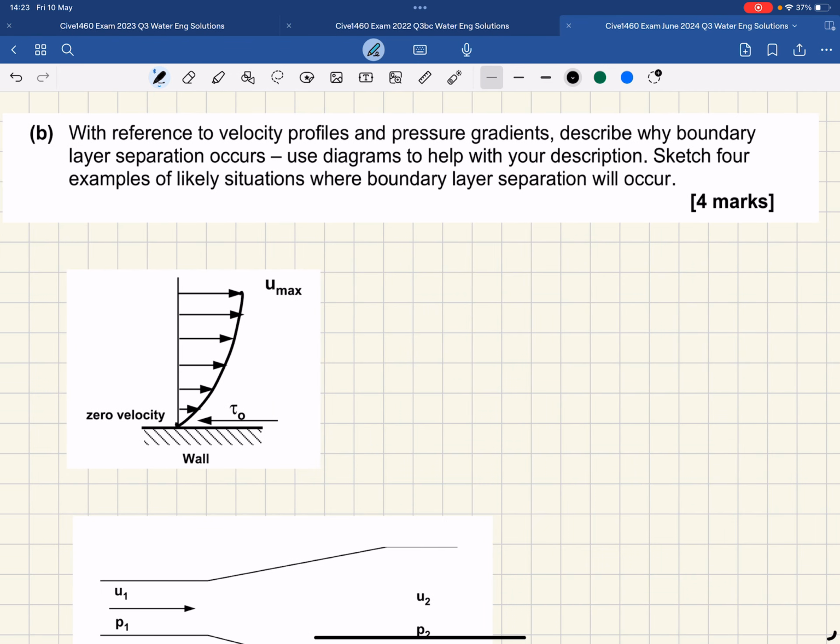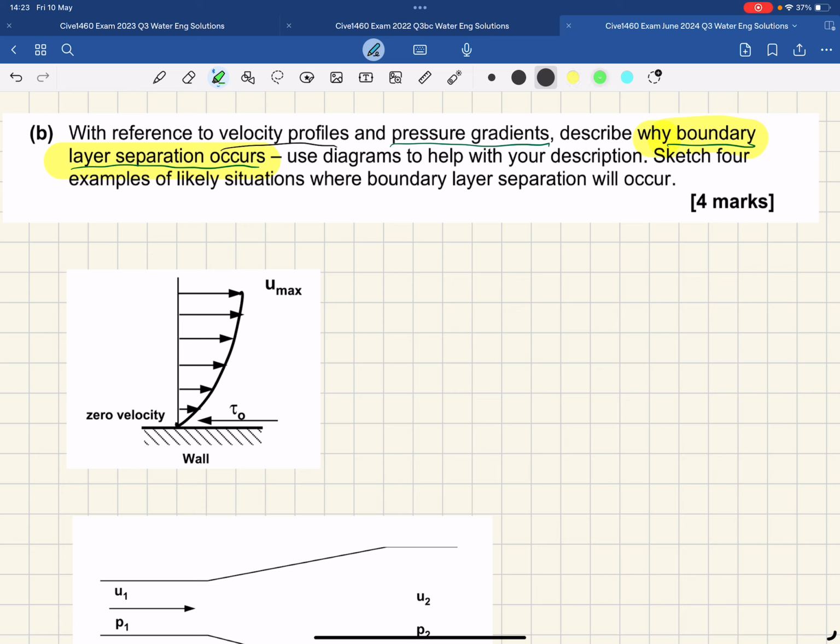Okay. Question B. There's a part B of this question. With reference to velocity profiles and pressure gradients, describe why boundary layer separation occurs. Boundary layer, so this is the key thing we're describing.